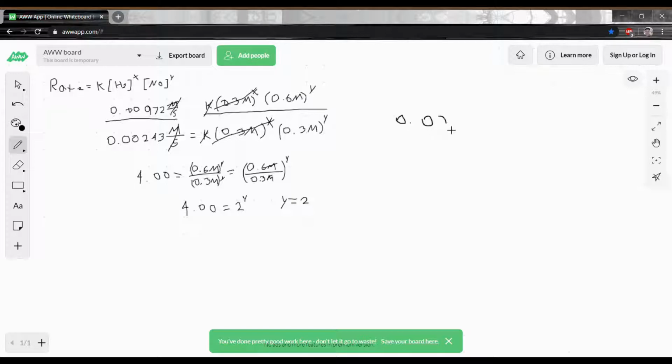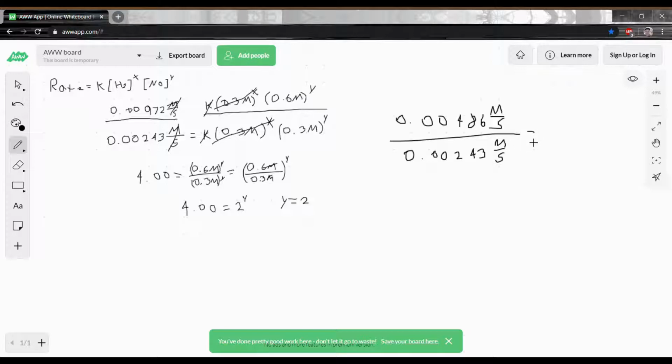We're going to have 0.00486 molarity per second, and let's just go ahead and write it out this way. We're going to write the rates together, divided by 0.00243 molarity per second.